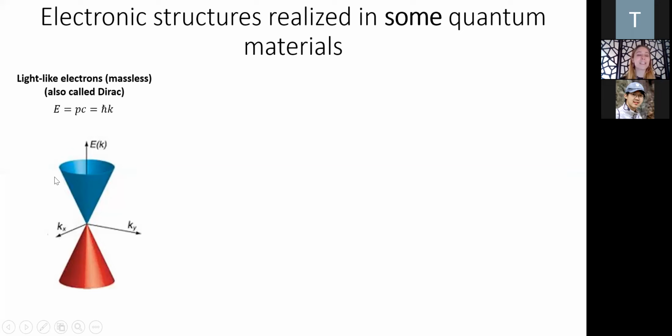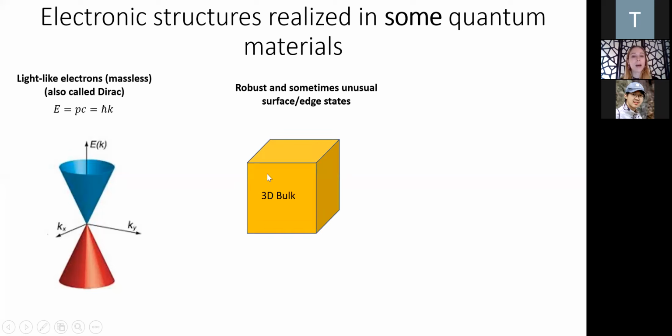Those materials are like little universes that have a speed of light that's different, always smaller than the regular speed of light, but nevertheless, electrons in many ways in those materials behave like light-like particles. So that's one aspect. Sometimes in some quantum materials, you can have either robust or unusual surface states. Robust means that they are somehow protected by something inherent about the crystal.